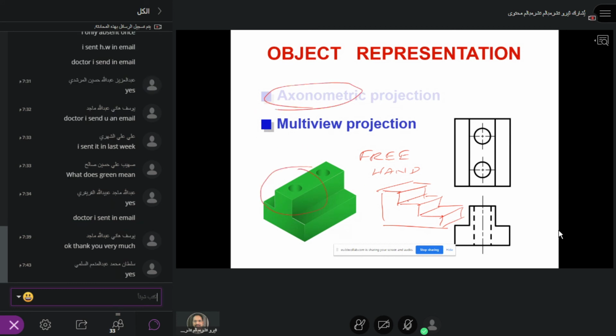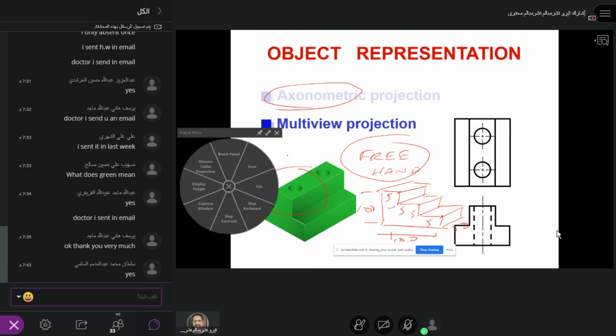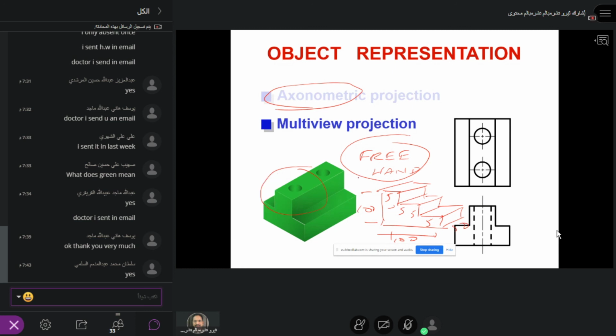That time you drew it freehand, right? This time you draw it with scale. This is 100 mm, and this is 100 mm. This is 5, 5, 5, 5, and this thickness is, let's say, 50 mm. Then it is just an axonometric. That's the only difference. Otherwise, everything is the same.